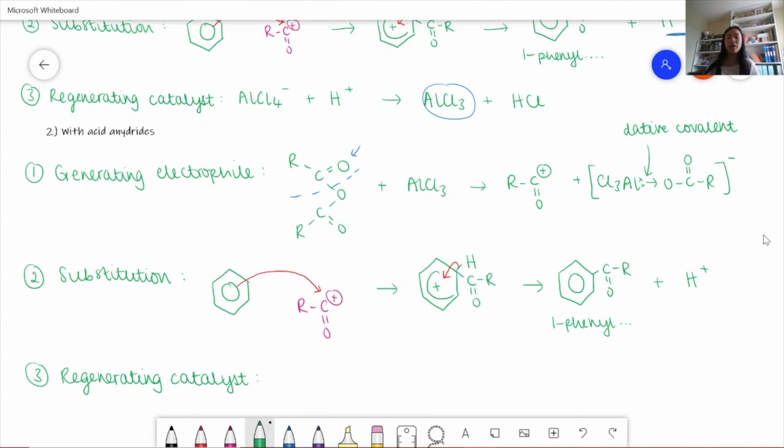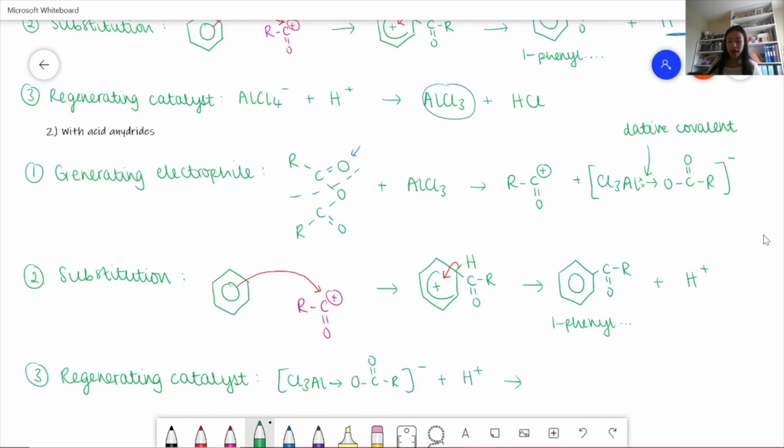So this time we're adding what would have been the AlCl4 minus for the acyl chloride, but this time we get this other ion, this Cl3Al, datively bonded to this C double bond OOR, and this reacts with the H plus, which has just been formed.